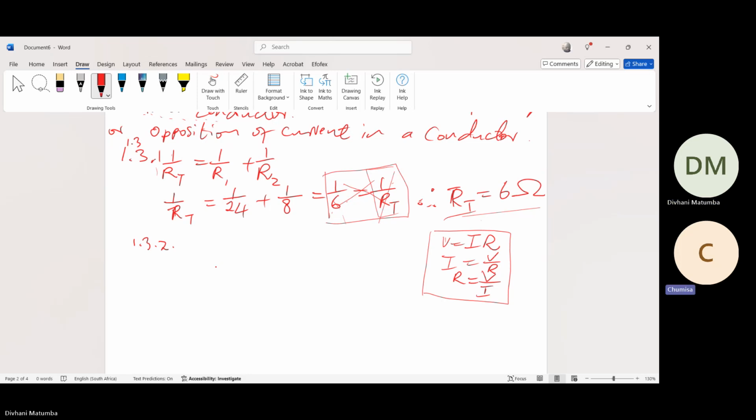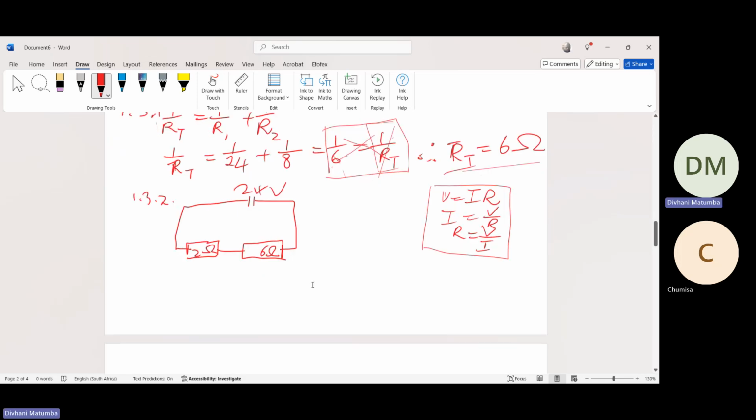So we have a new circuit which has 6 ohm resistance and 2 ohm resistance. Then 24 voltage. So now it's easy.